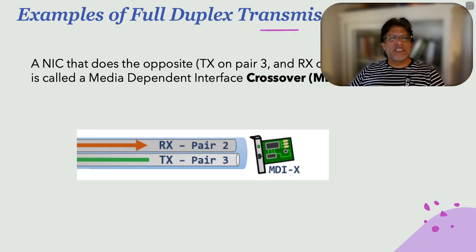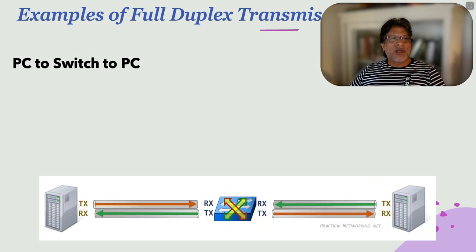So when are these different types of cables being used? If you connect your computer to a switch or a switch to a PC, you use a regular cable. You're transmitting on one pair and receiving on the other pair.